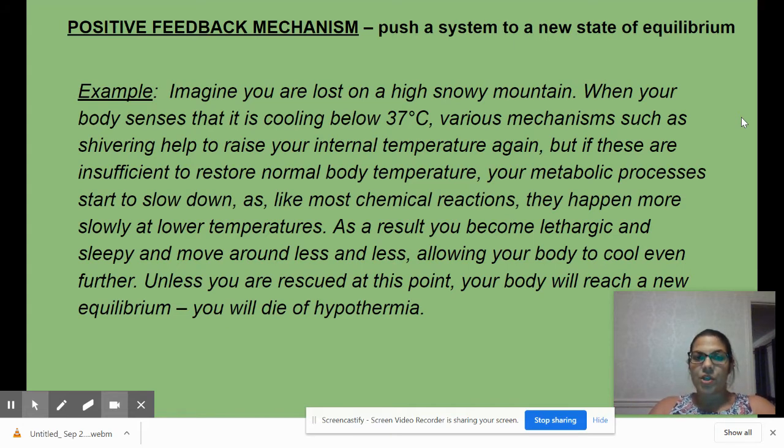But if these are insufficient to restore normal body temperature, your metabolic processes start to slow down, as most chemical reactions happen more slowly at lower temperatures. As a result, you become lethargic and sleepy, and you're moving around less and less, which allows your body to cool even further. Unless you're rescued at this point, your body will reach a new equilibrium, and then you will die of hypothermia. So we're full of fun examples here.